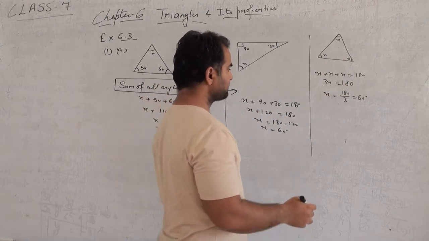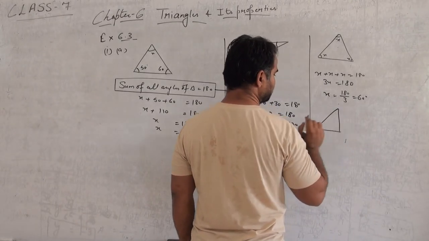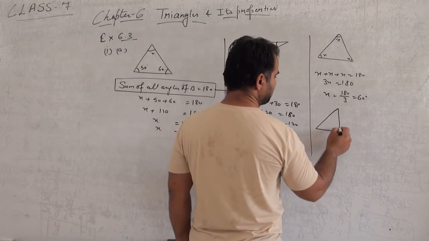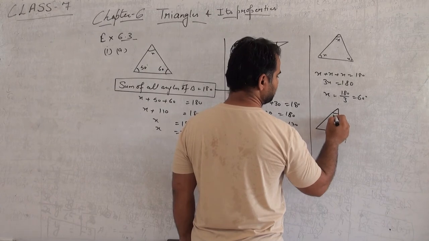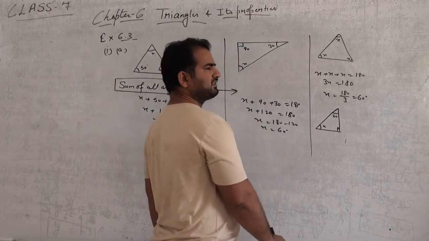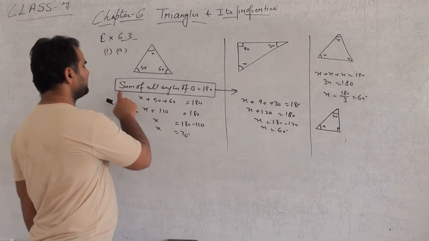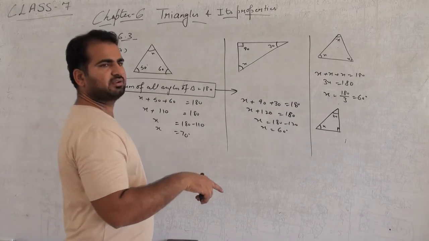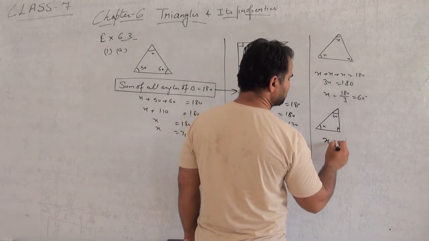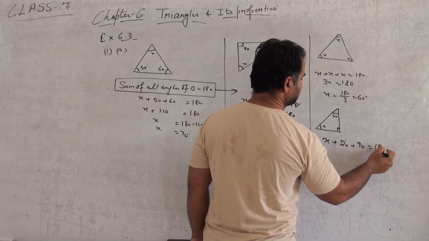Question number 6 is, x, 2x and 90. This one is 90, this one is 2x, this one is x. So we all know that the sum of all angles of a triangle equals to 180 degree. Class, you have to write this line in each and every question. So it will be like x plus 2x plus 90 equals 180.